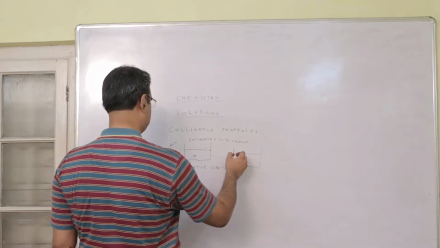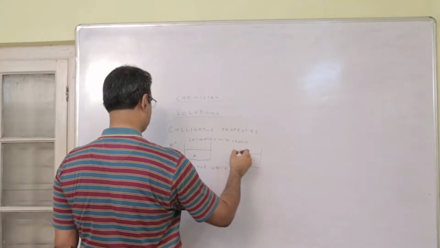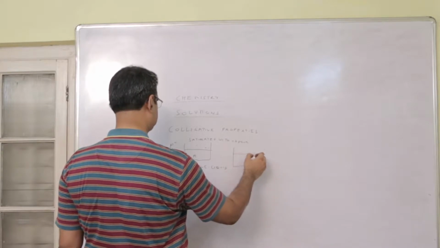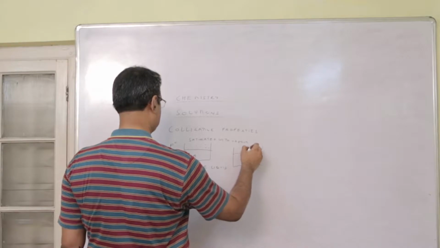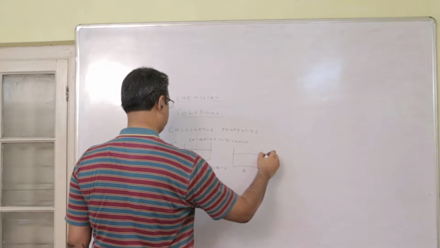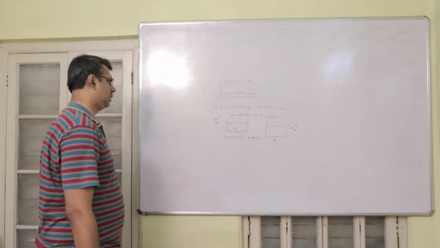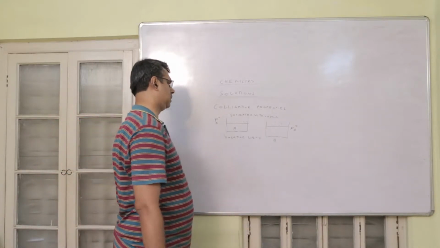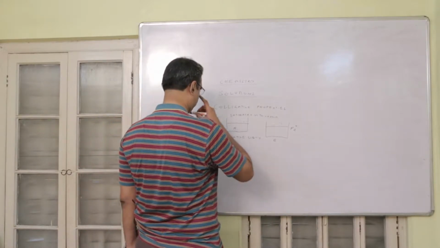Now supposing there is another volatile liquid B, and when we take the pure state of B, the vapor pressure is PB naught. So PA naught is the vapor pressure due to A in the vapor state, and PB naught is the vapor pressure due to B in the vapor state.